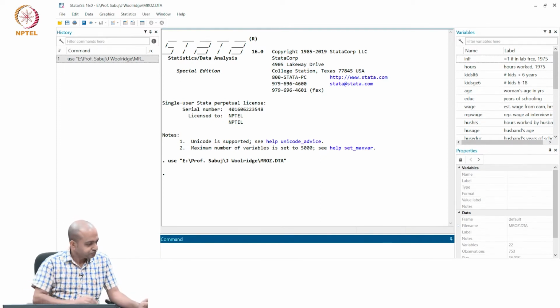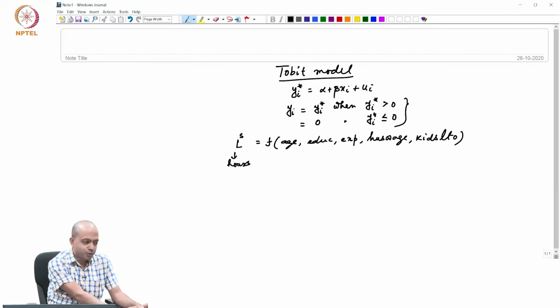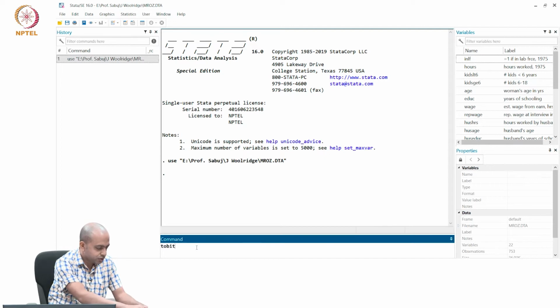Now what we will do is first estimate the model, and the command is very simple. Instead of logit and probit, we just use tobit. So this is tobit, then your dependent variable is hours, then age, education, experience, number of kids less than 6 years of age, and husband's wage.